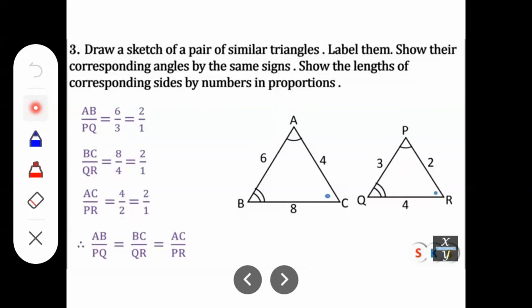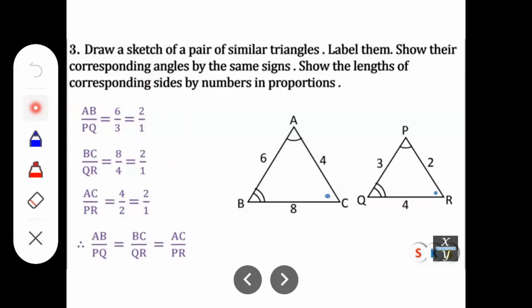So I have taken AB as 6 and PQ as 3, because when I write the ratio for corresponding sides AB by PQ and put in the values, 6 by 3, the ratio should be the same for each: 2 by 1, 2 by 1, 2 by 1.